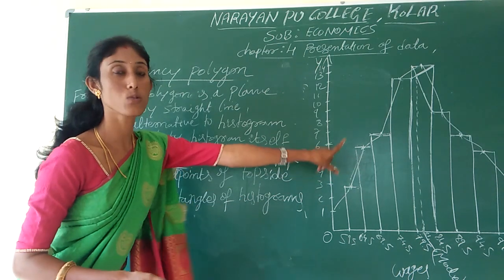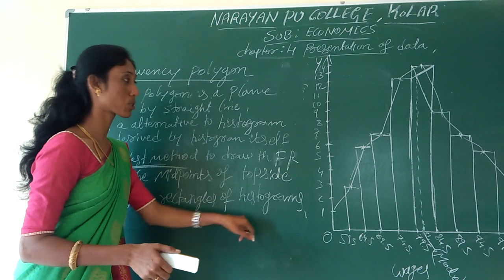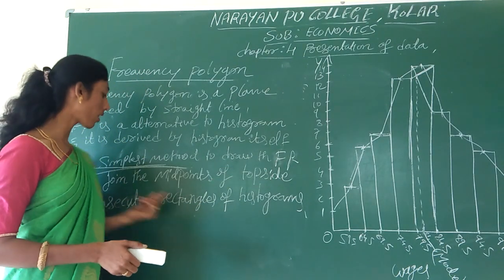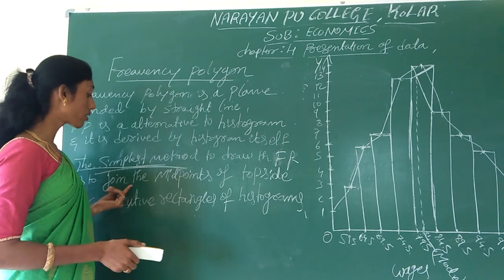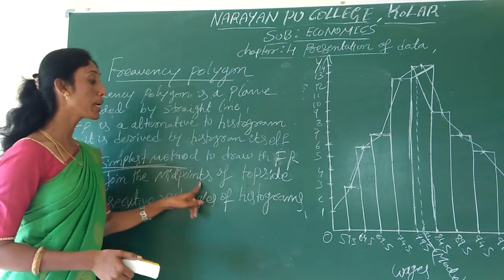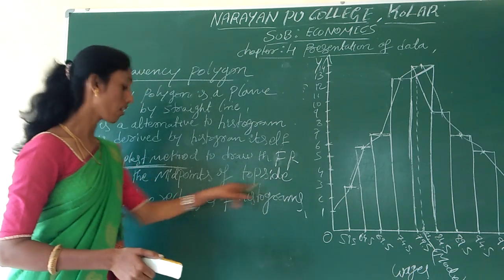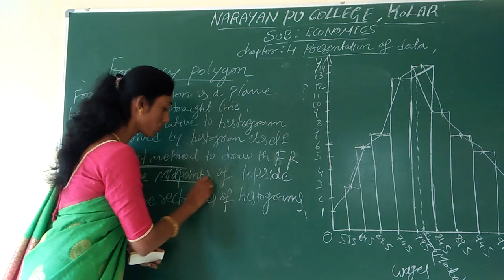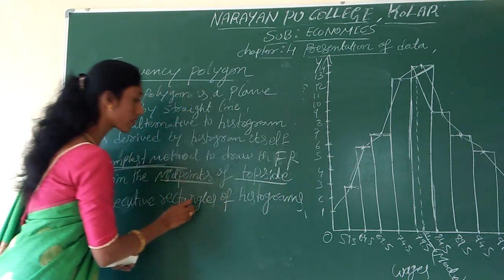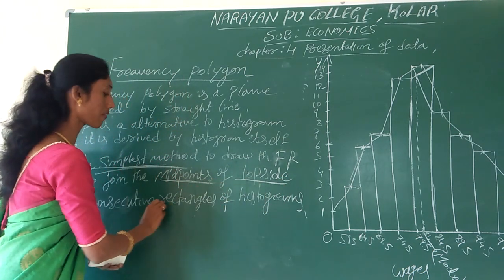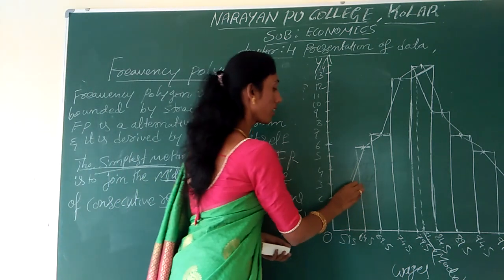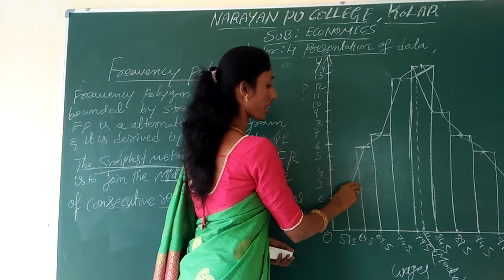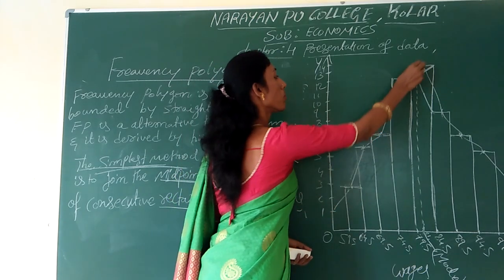Rectangles means the rectangles of the histogram. Here, what do we need to do to get the frequency polygon? To get the frequency polygon, we should join the midpoints of the top sides of the rectangles. Keep in mind, on the top side of a rectangle, we should join all these midpoints.